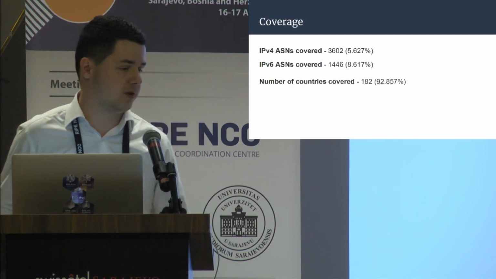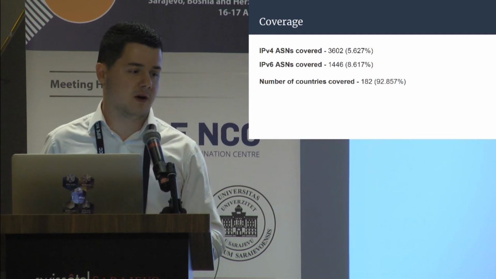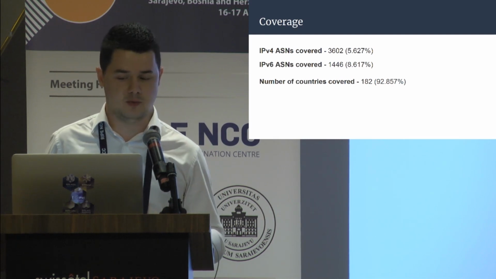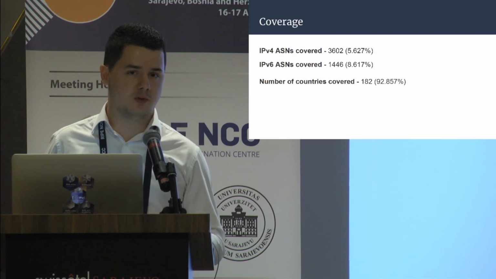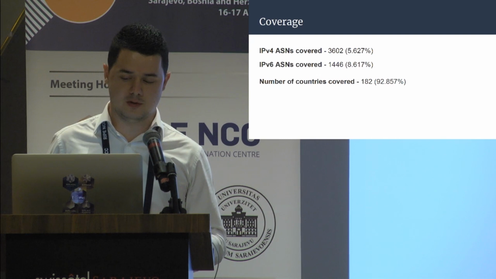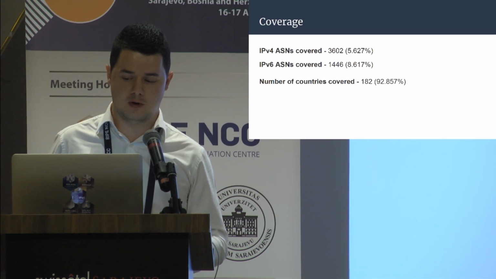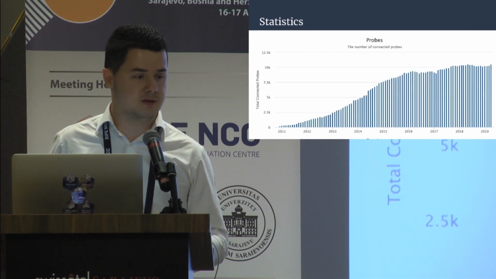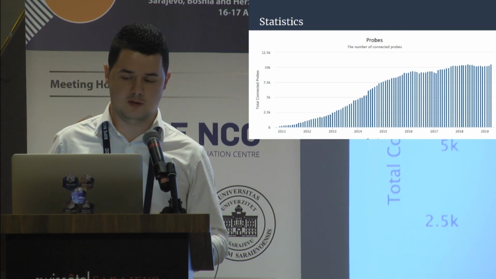The coverage of IPv4 and IPv6 AS networks is pretty much the same, below 10%, but all the big ISPs have a lot of probes in them. Almost all the countries in the world are connected in RIPE Atlas, and this is the statistics of probes, which is constantly increasing.